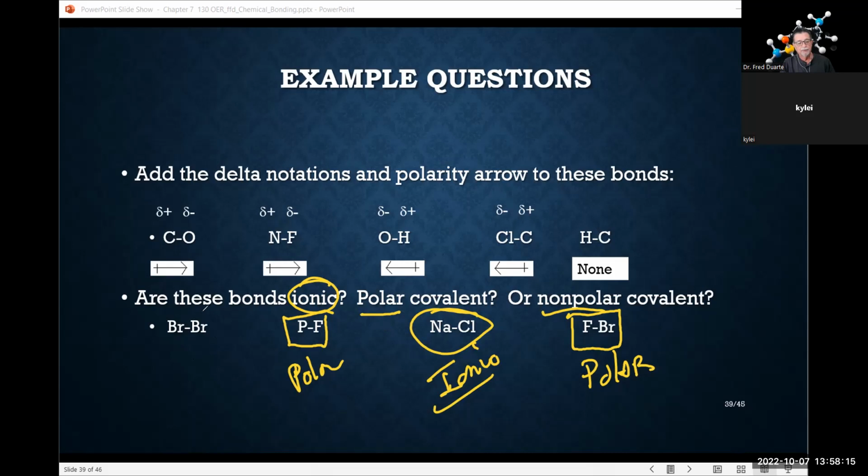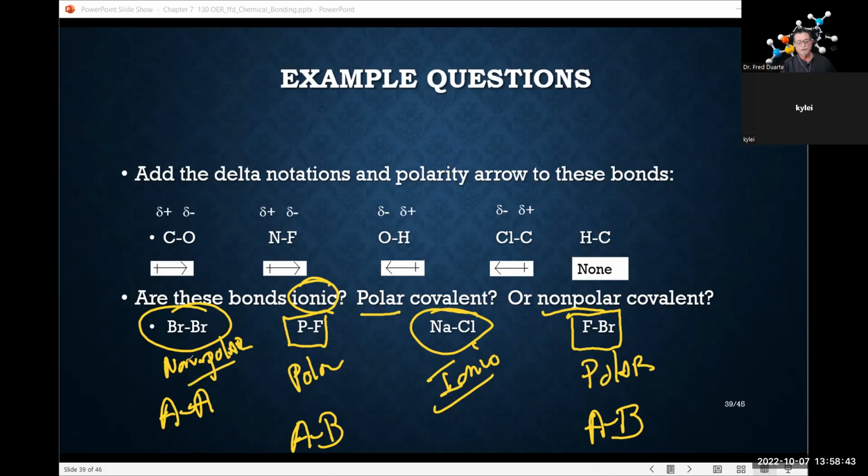The others are covalent, but to describe it further, we simply see that there are two different atoms. So this is the AB scenario. This is the AB scenario. And this one here, the bromine-bromine, is simply the AA scenario. So this will be nonpolar.